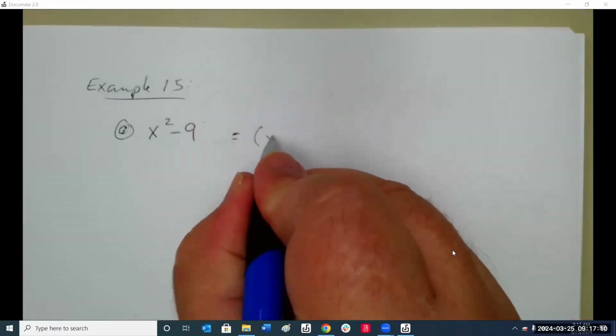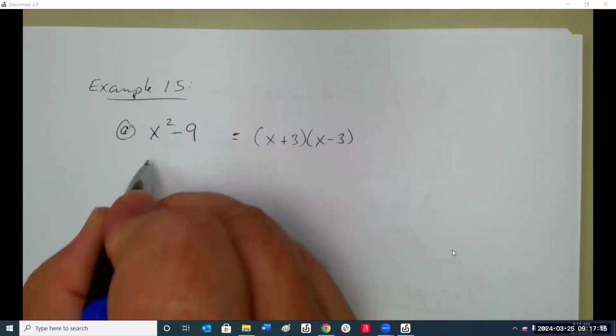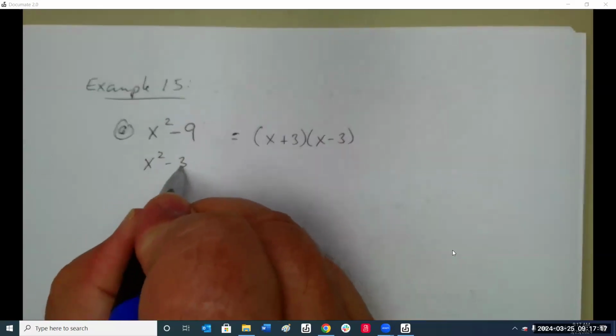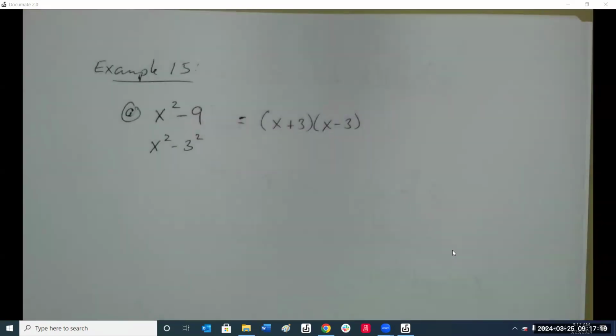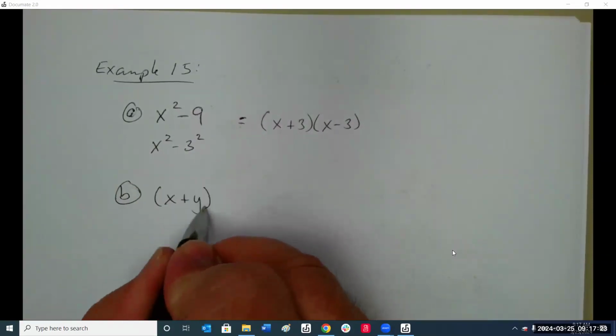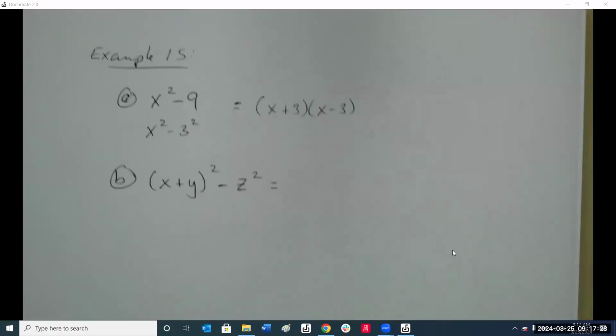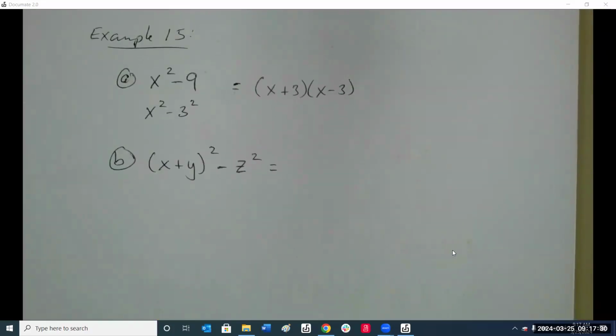From x plus 3 and x minus 3. Very good. Because we can rewrite this one as that. This one.